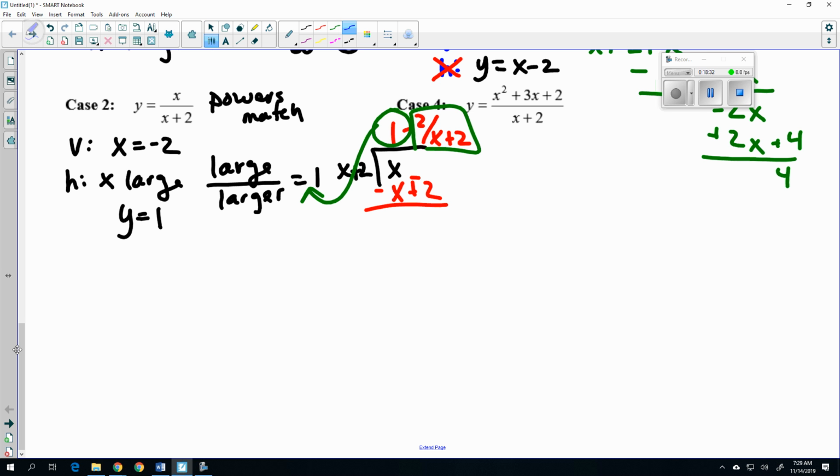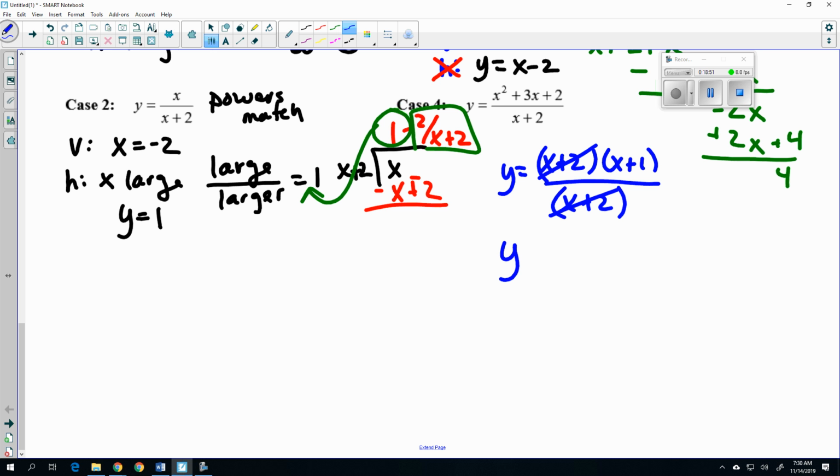So let's look at number 4. I'm going to factor that. What's going to happen to the x plus 2? So this is why you did yesterday's stuff. You couldn't graph these without being able to rewrite them. What would happen with x plus 2 over x plus 2? So this rational function simply turns into a what?